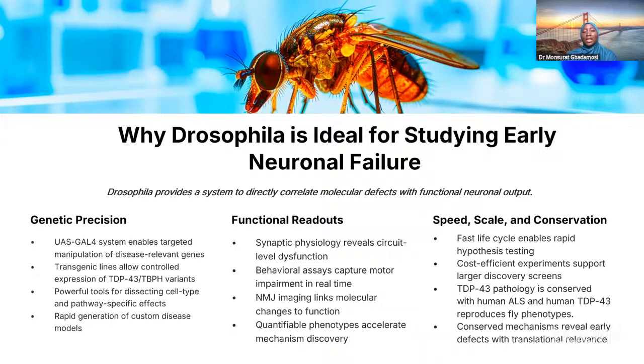But what is very important to us is the conservation of the genes in Drosophila compared to humans, because Drosophila has just four chromosomes, and most of the genes are on the second and third chromosome. About 70% of the disease-causing genes in humans have a functional ortholog in Drosophila.